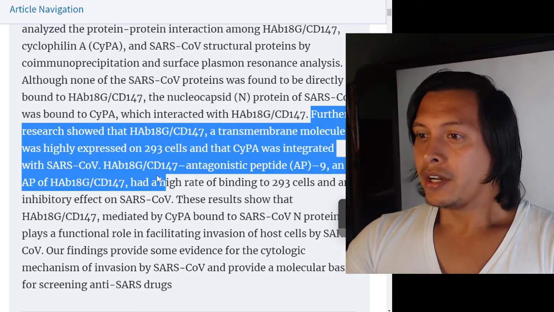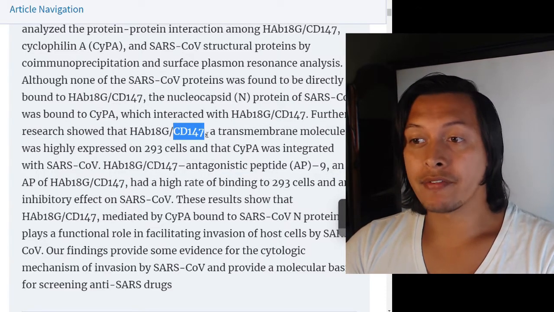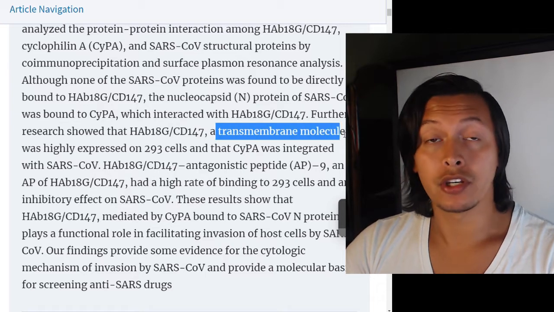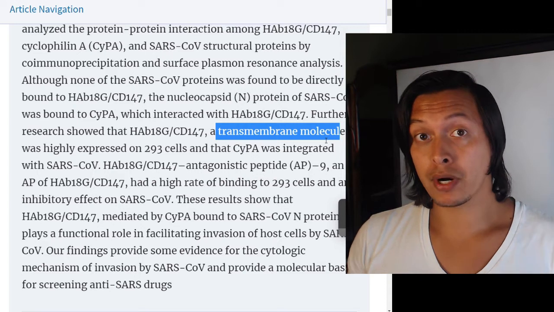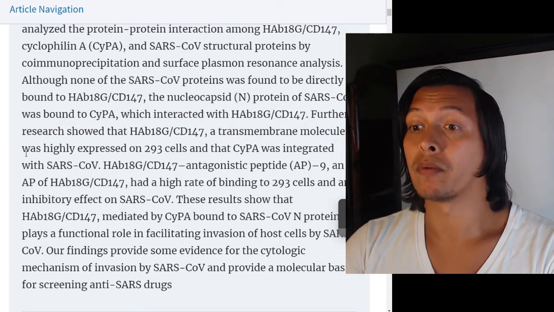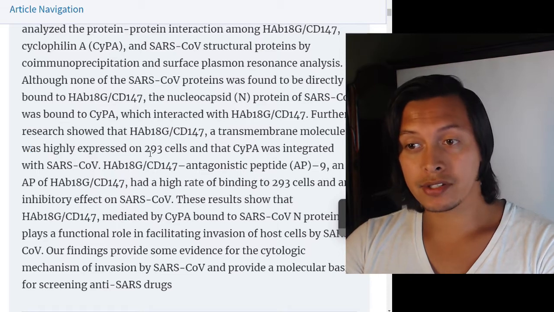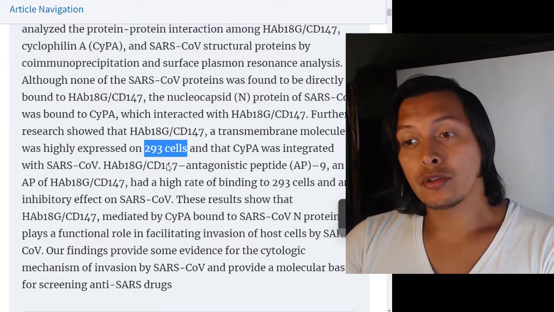cell. So further, research showed that CD147, which is a transmembrane molecule, so it is a protein that goes through the membrane of the cell and is a surface receptor of some form, is highly expressed on 293 cells, the fetal kidney cells.